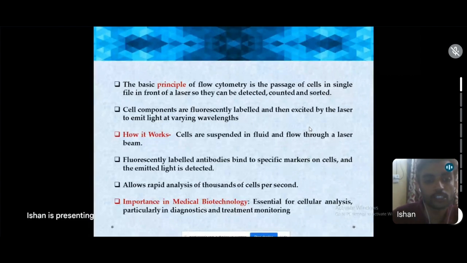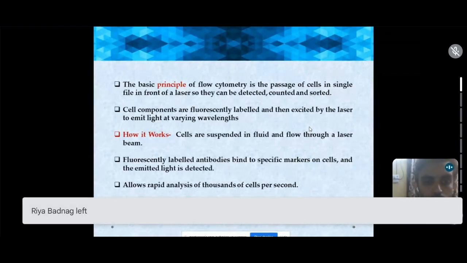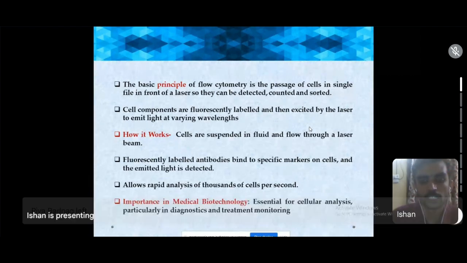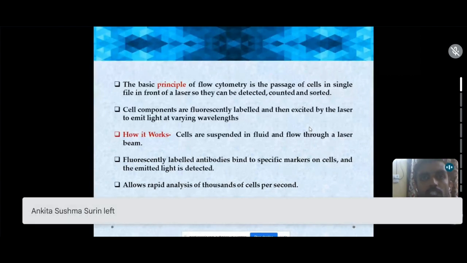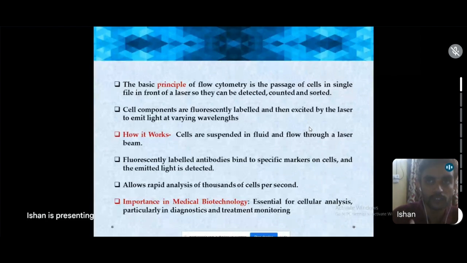Now, what is the role of this biotechnique in medical biotechnology? It is essential for cellular analysis, particularly in diagnostics and treatment monitoring. Flow cytometry not only aids in diagnosis, it also assists in treatment monitoring, like after we give a drug or immunotherapy, or when cross matching is done for blood transfusion, and other biomedical procedures.